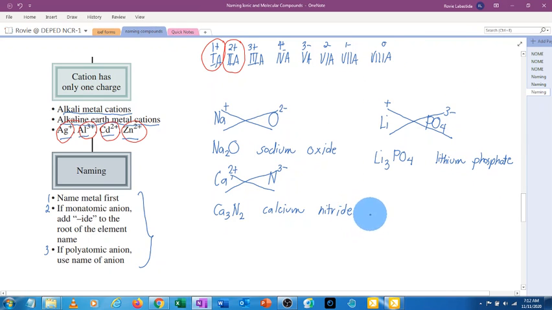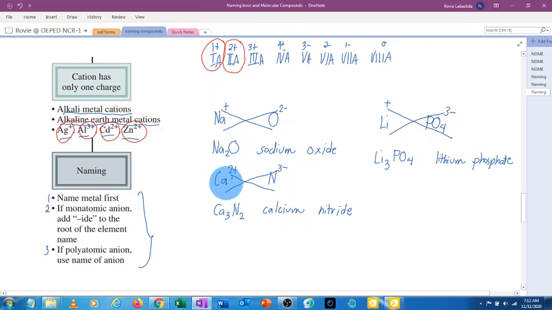Okay, let me give you another example. So, before that, let me just mention this. If you notice, the cations that I use, Na positive, which is sodium ion, belongs to group 1A.